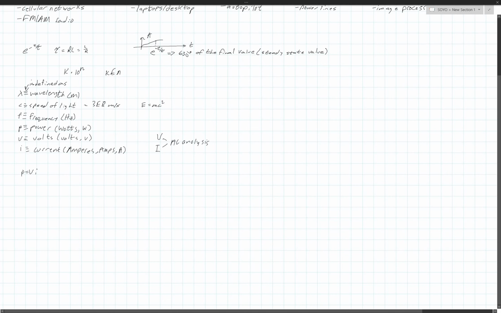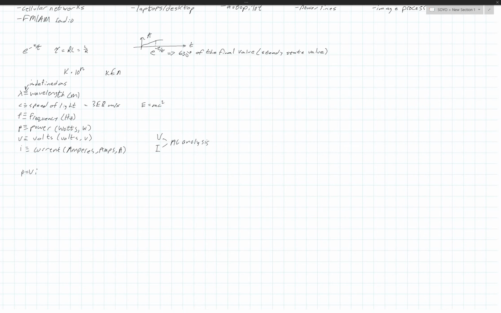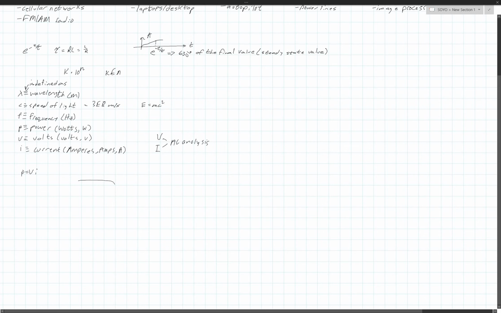Some people try to consider it as water. There's a cartoon that tries to describe it. So we've got a pipe here, and it comes down, goes back up. In this section here, this is resistance, trying to tighten it down.